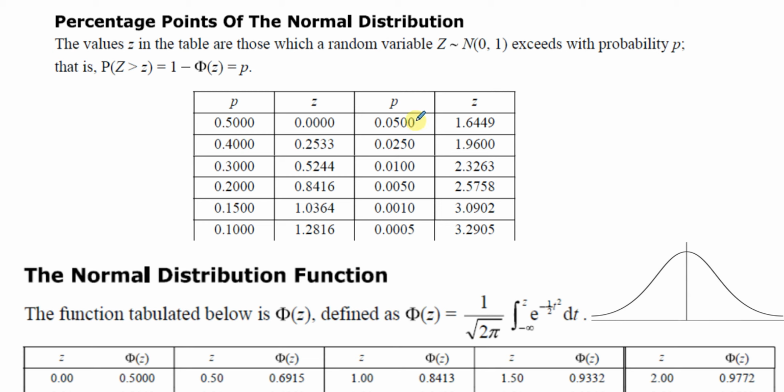This is 5%, 0.05, and we can see that value is in the table. So basically in a standardized curve, if the area to the right of this is 0.05, then this Z value is going to be 1.6449.